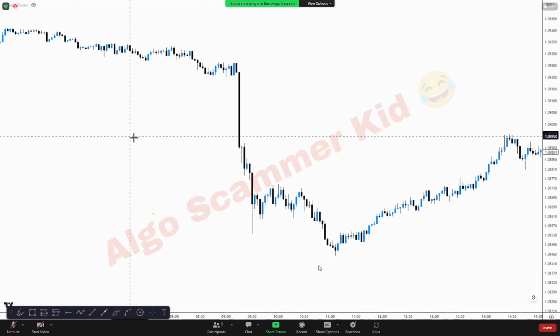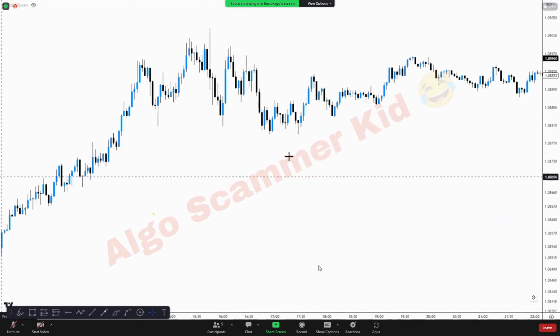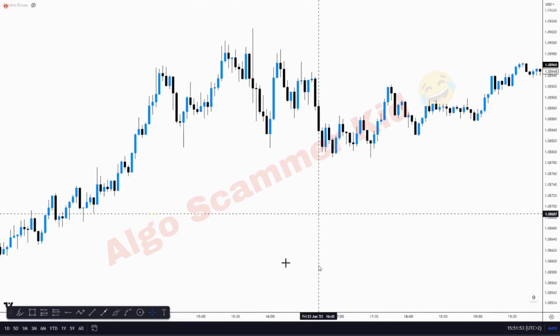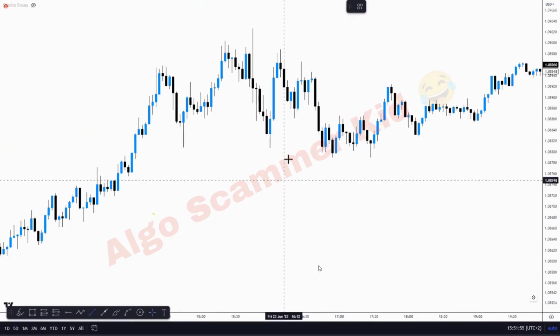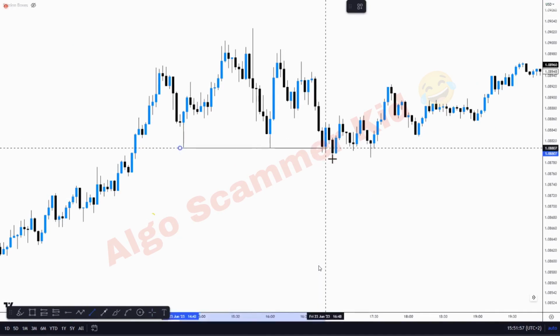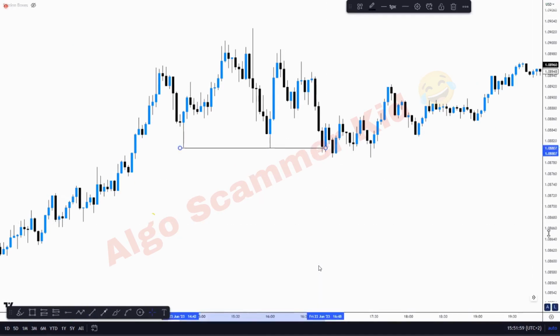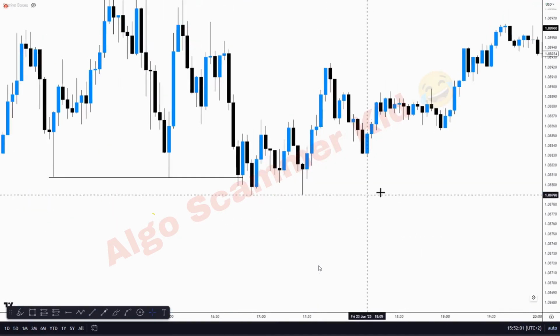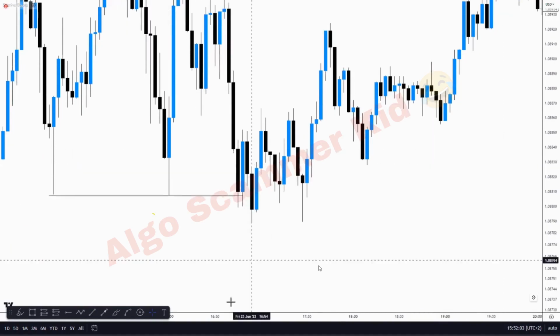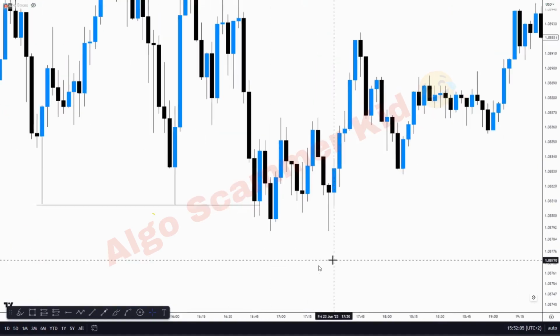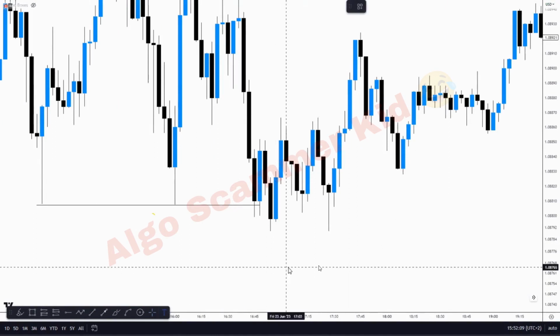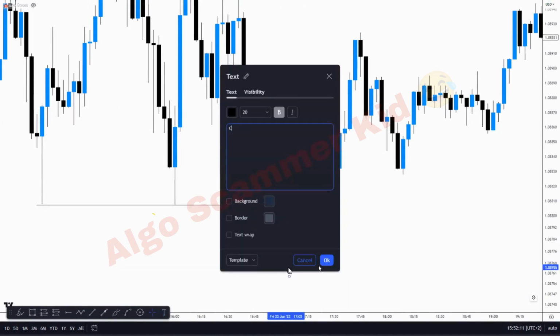Okay. So let's use this as an example. This low. So we have 3 ways to actually enter. Let me just write them down. We have candle closure.